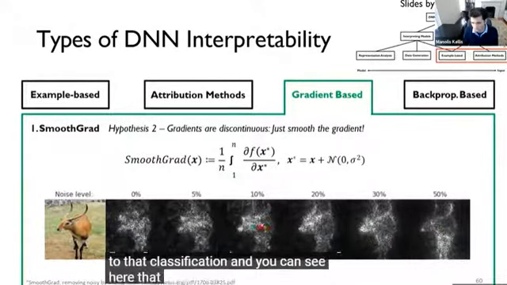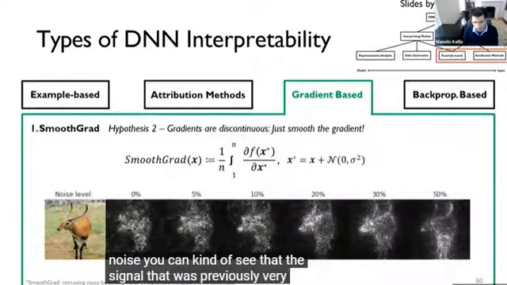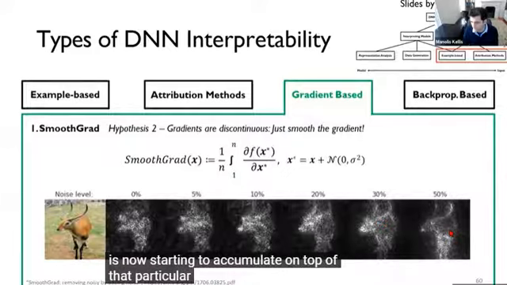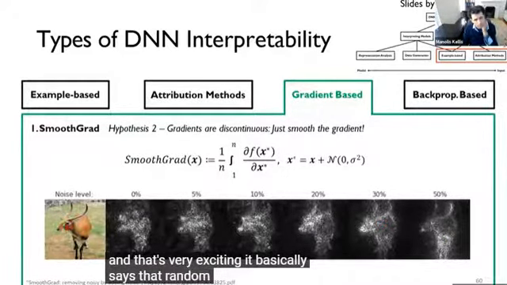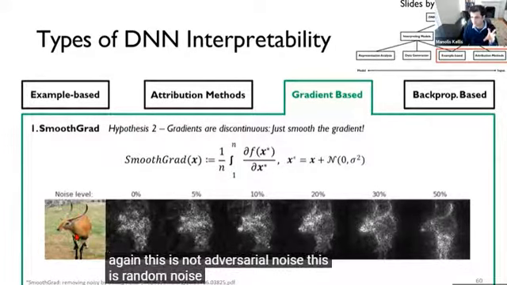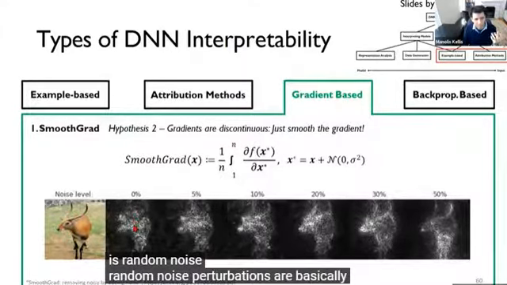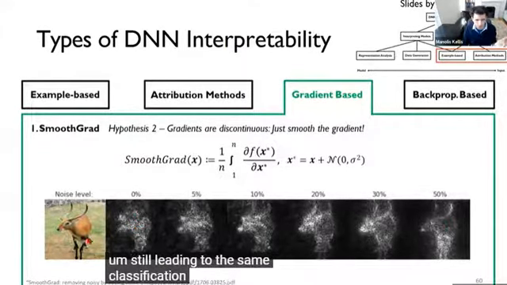And you can see here that even with 20% noise, you can kind of see that the signal that was previously very diffuse is now starting to accumulate on top of that particular image. And that's very exciting. It basically says that random noise perturbation, again, this is not adversarial noise, this is random noise. Random noise perturbations are still leading to the same classification and are demonstrating in many ways the robustness of the model.